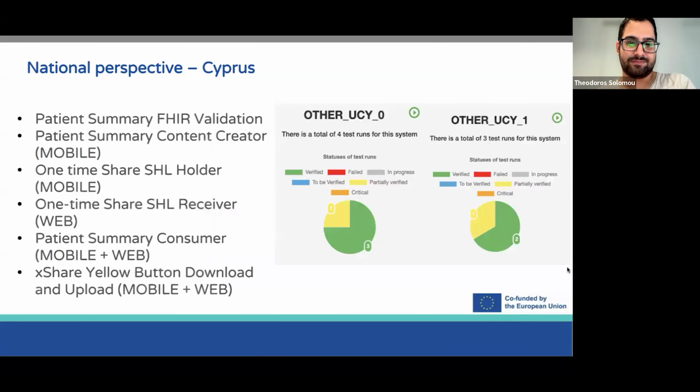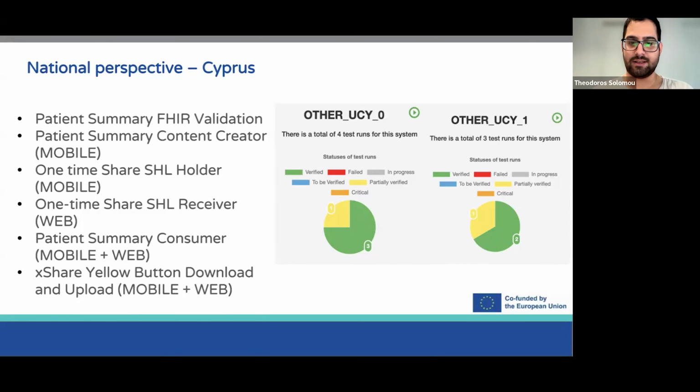Next slide, please. In the Plugathon, we had several tests. First of all, we tested the FHIR validation of our document, then tested in our mobile the creation of the Smart Health Links and the ability to visualize and hold the links in the mobile. Also, our website was the receiver, which took the Smart Health Links and visualized them.